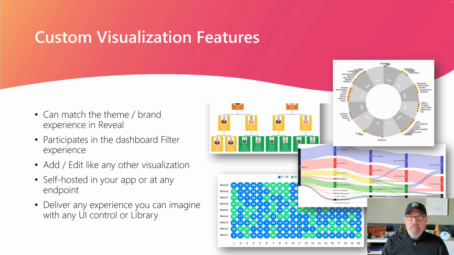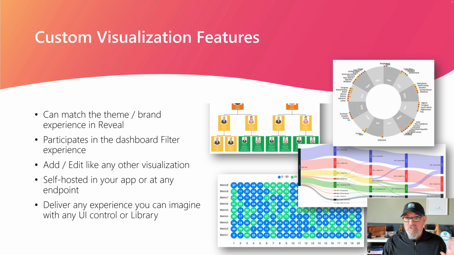So when you save it, and let's say you're adding a filter, it'll automatically participate in the filter experience of your application. Like I just said, you add and edit this just like any other visualization. So add new visualization, you add your data source, you select your visualization from the chart chooser, and it's just like you're building a column chart or a pie chart or any other chart that lives within the Reveal SDK.